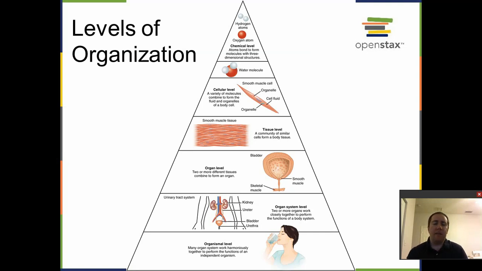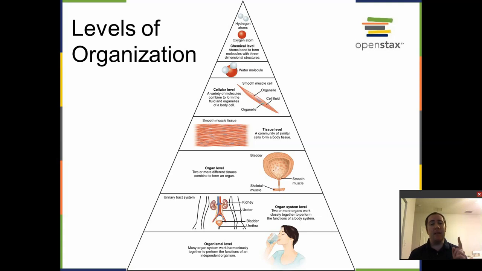There's parts of a cell, and we'll learn all about that cellular level in its own lecture coming up in a couple weeks. But there are things like the nucleus. That's an organelle. An organelle is one of the parts of a cell. And there's also water. There's lots and lots of water in a cell. So that is a cell.